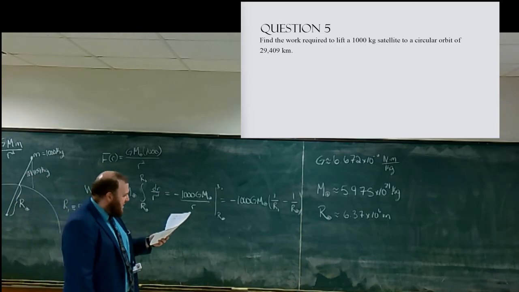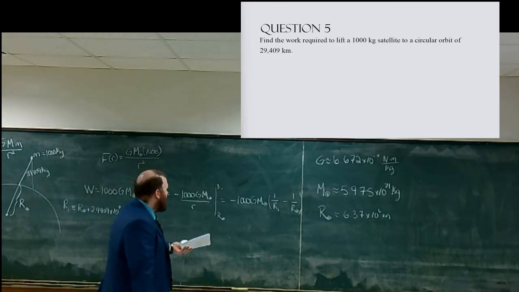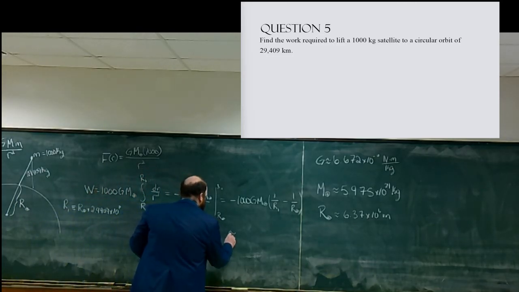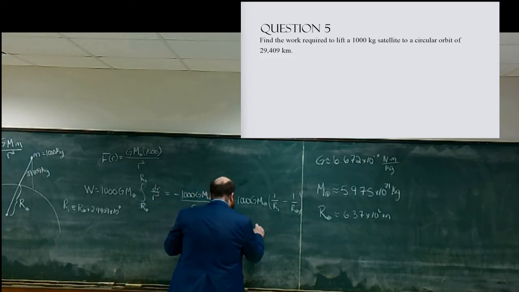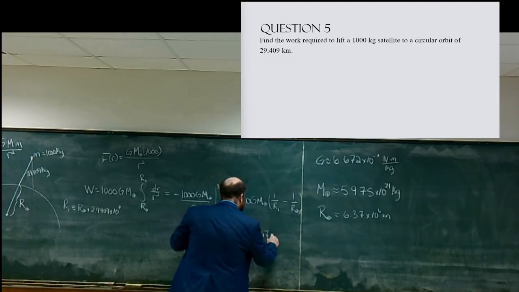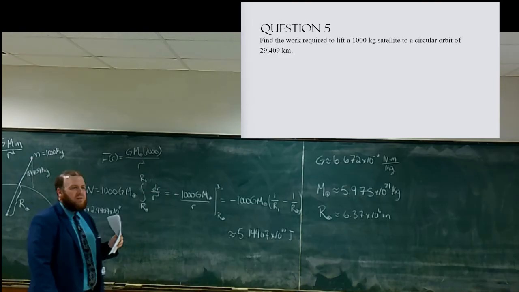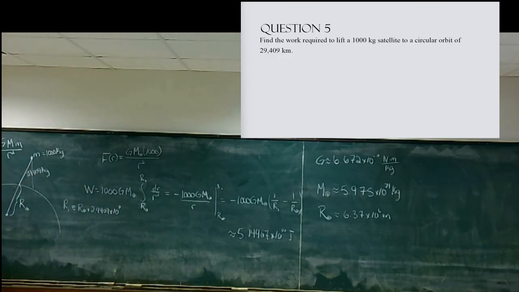If you plug in those values, what you wind up with is this work is about 5.14407 times 10 to the 10 joules. Now that is a lot of energy. That's 51 billion joules, give or take.